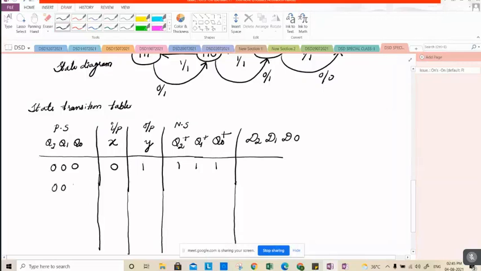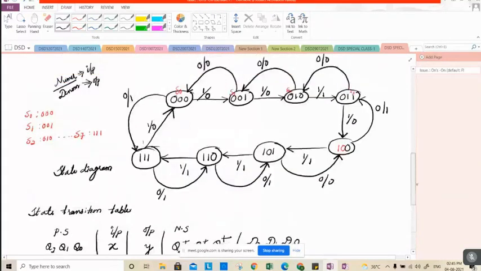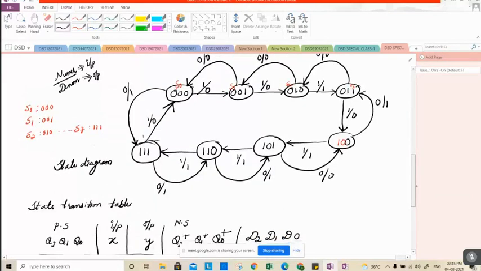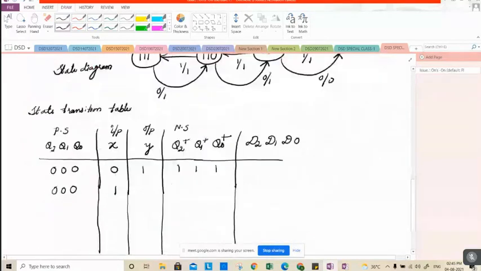Now if it is 0, 0, 0, and if X is equal to 1, what will be my next state? 0, 0, 1. What about the output? The output is equal to 0. Now if the state is 0, 0, 1 and X is equal to 0, what will be the next state?